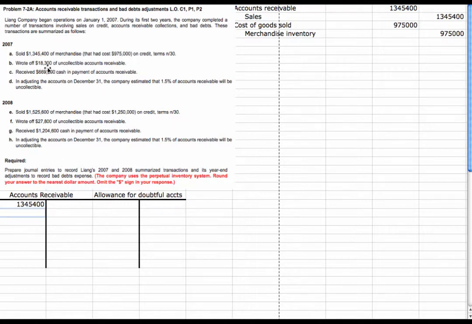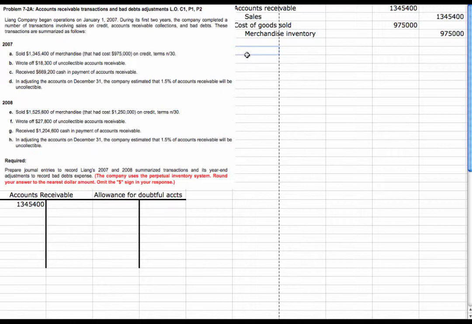Now here it says they write off $18,300 of uncollectible accounts receivable. So what they've done is they need to take $18,300 worth of accounts receivable off the books. Now, if we're doing the allowance method, what we have to do is reduce the allowance.